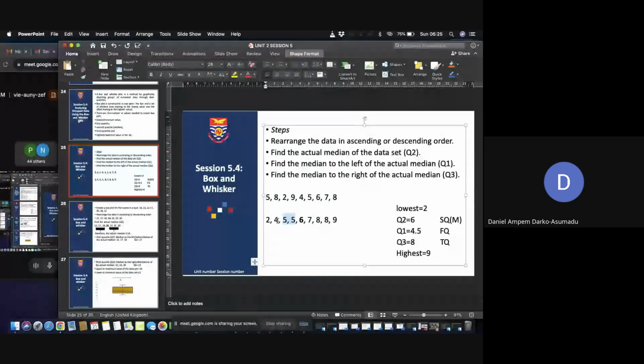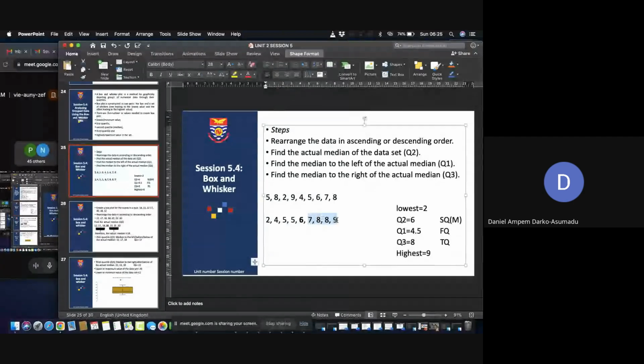Counting 1, 2, then 1, 2, you have two numbers in the middle, 4 and 5. So 4 plus 5 divided by 2 is 9 divided by 2, which gives us 4.5 as the first quartile, Q1.